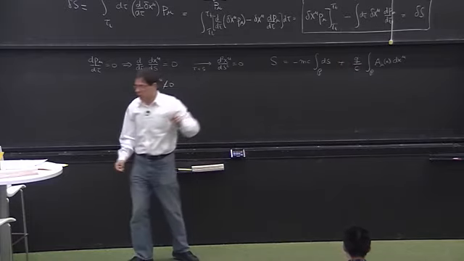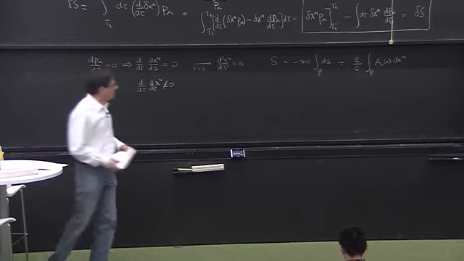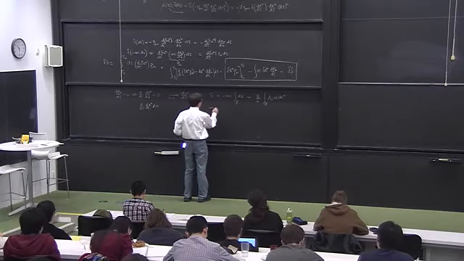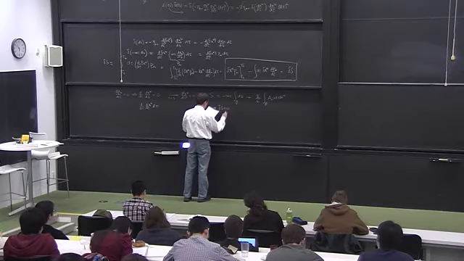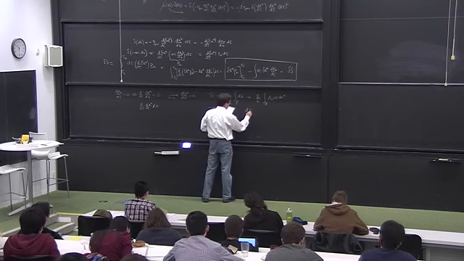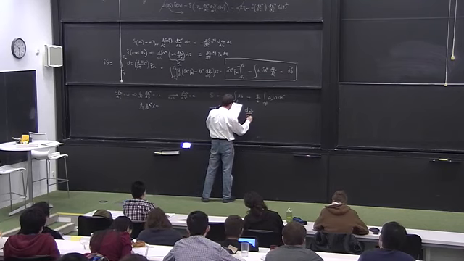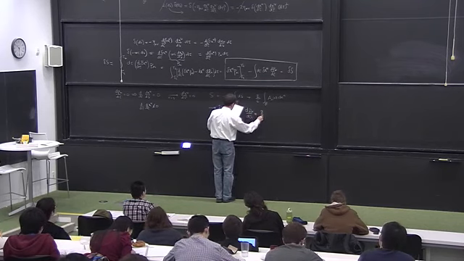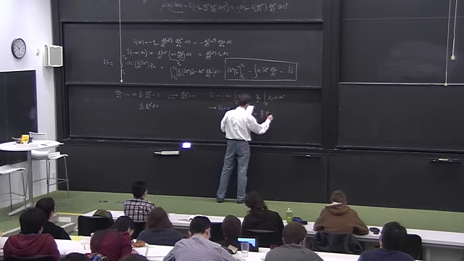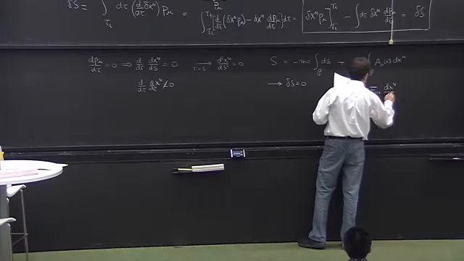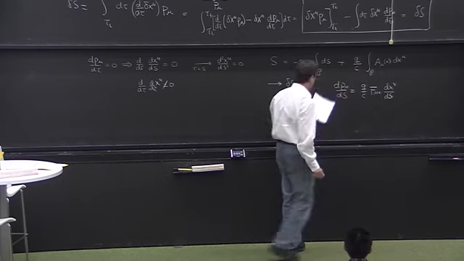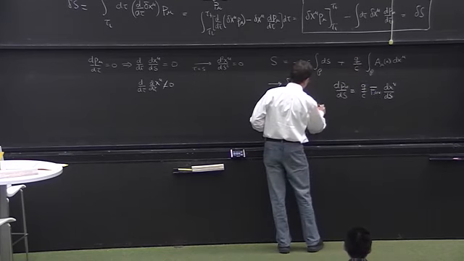And with those two terms, you will find, if you vary now, delta S equals 0, you'll get this formula, dp mu ds equal Q over C F mu nu dx nu ds, which is the Lorentz force law.